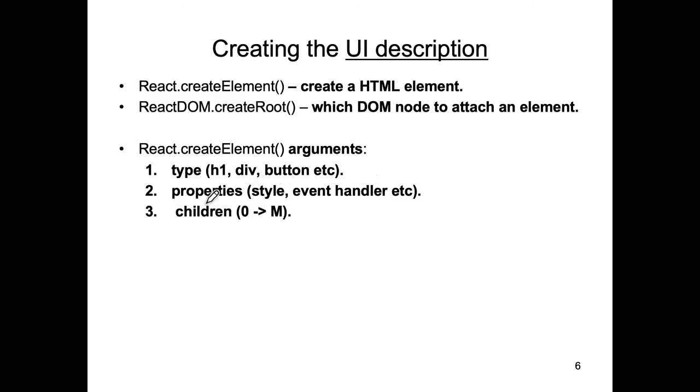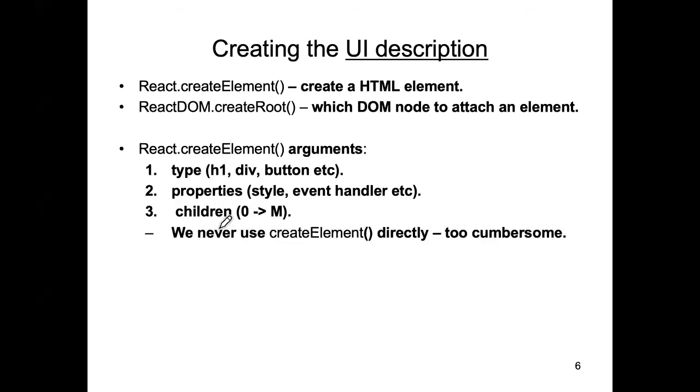And thirdly, you can indicate what child elements it has. And we know that HTML allows us to nest elements within elements. You know, we could have a header and an image inside a div and all that kind of stuff. So this third argument will allow us to express that programmatically. We'll see examples in a second.